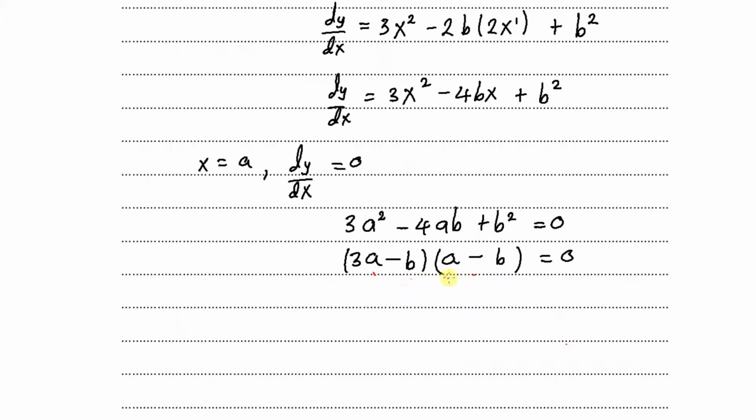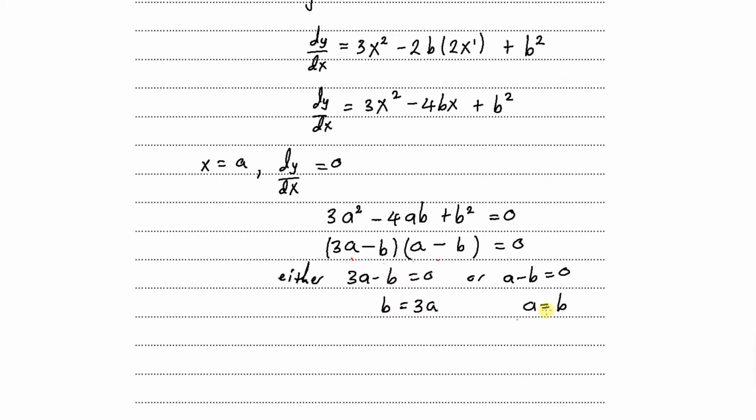So from here, I can now say either 3a − b = 0 or a − b = 0. Here we get b = 3a if we add b to both sides, and here we get a = b.